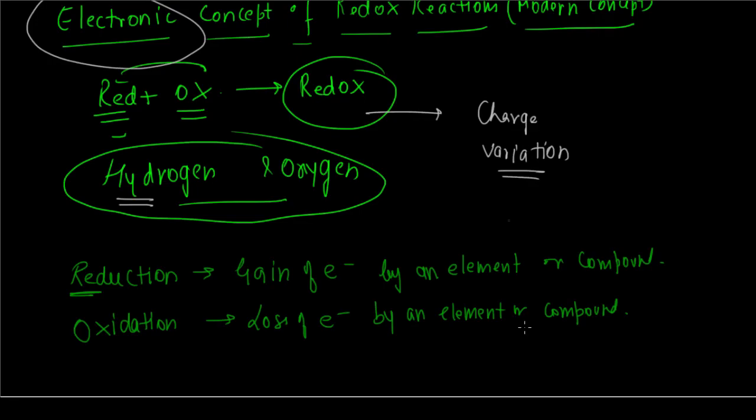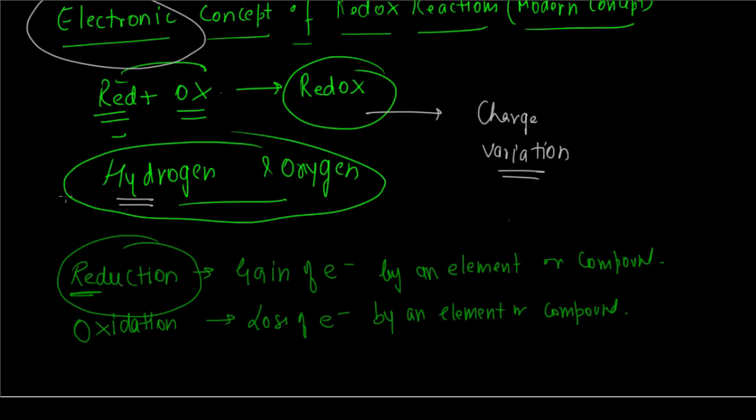If we can explain the transfer of electrons, the movement of electrons within a reaction, we can easily explain the charge variation in that reaction also. So reduction basically meant gain of electrons, and oxidation took place by losing electrons.